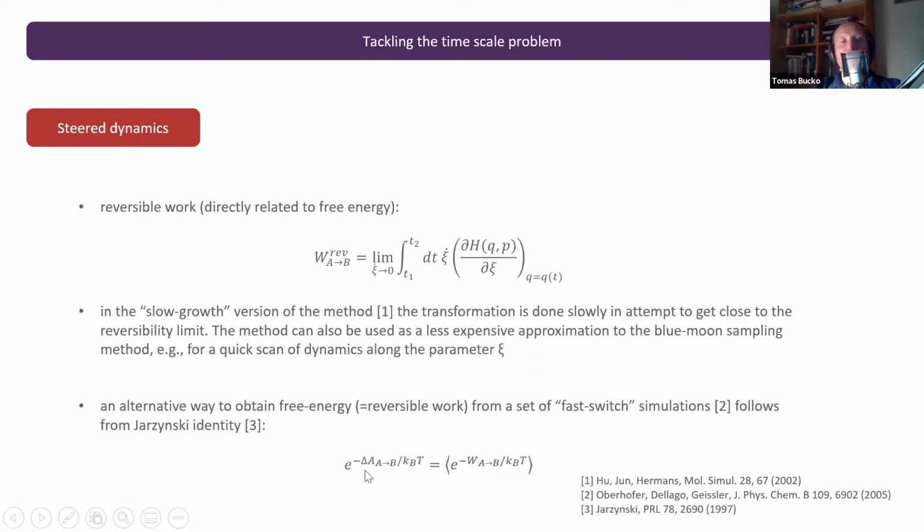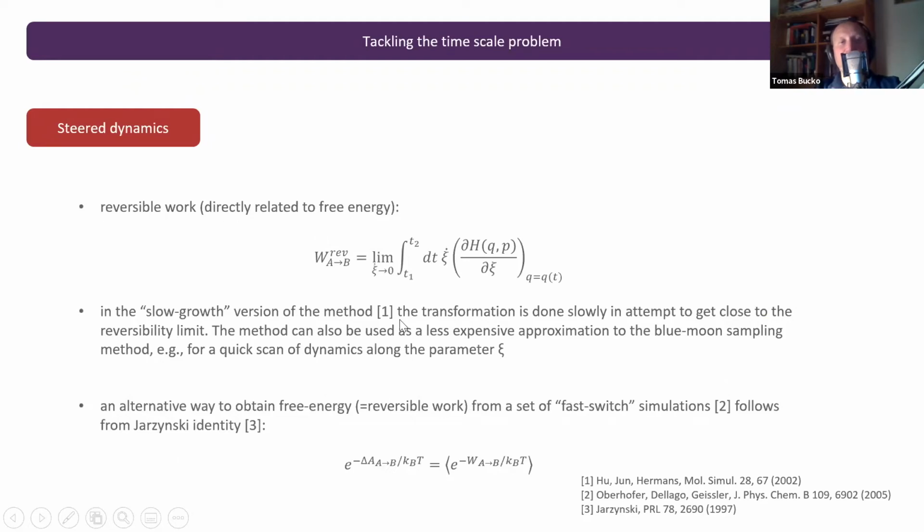So you can access reversible work basically by exponentially averaging irreversible work.